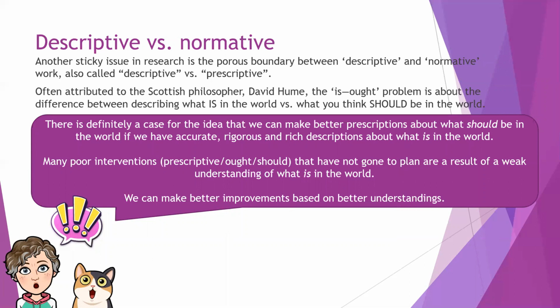If anything, they've done harm and damage because they are based on a weak understanding of what is in the world. Partial or incomplete or inaccurate understandings about what is inform weak, partial prescriptions about what should be. So we definitely will make better improvements if we have better understanding.